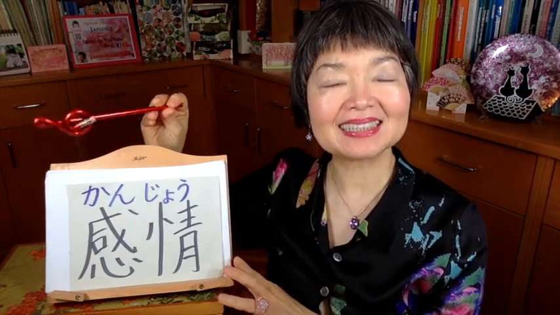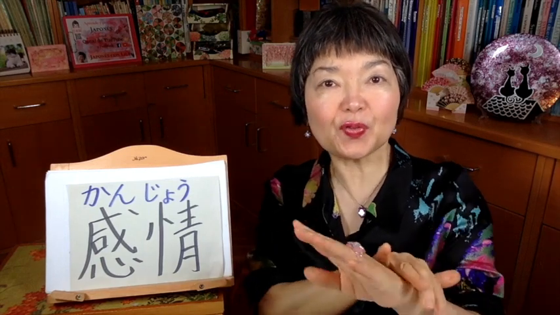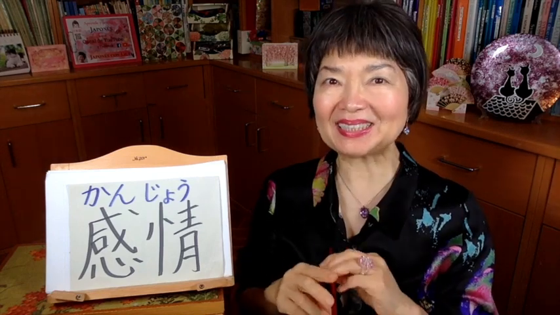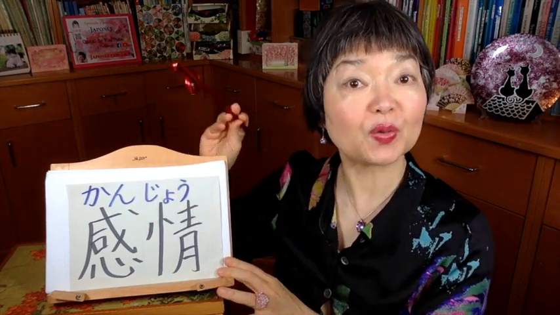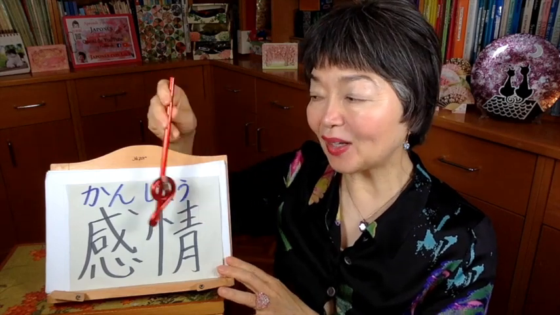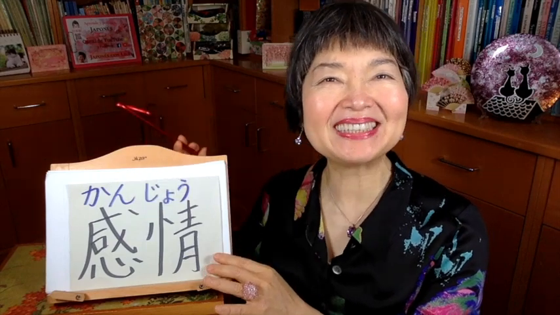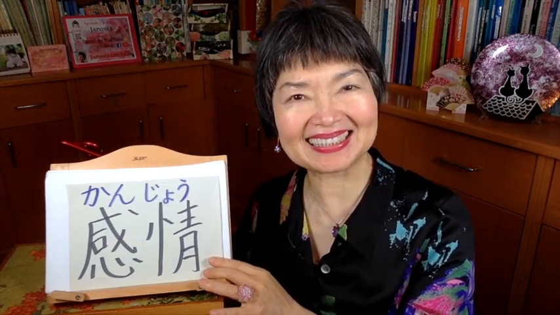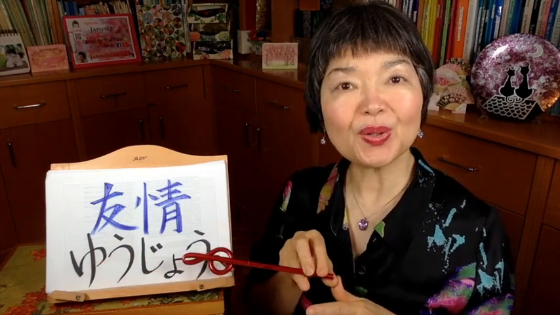感情. Well, the first one 感 comes from 感じます, it means to feel. I feel something. And 情 is also feeling, so the feeling of how you feel. So 感情 means feelings. 友情.